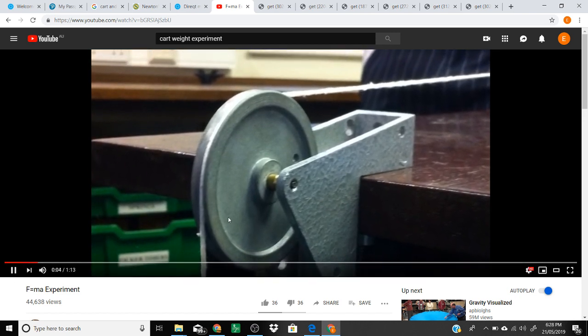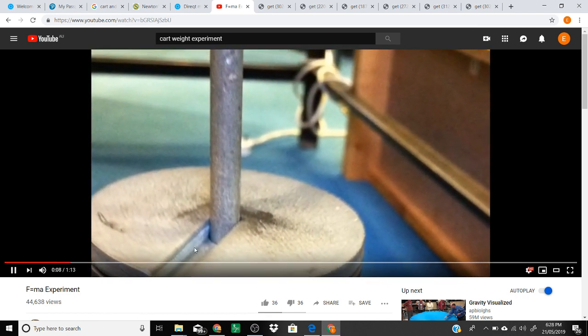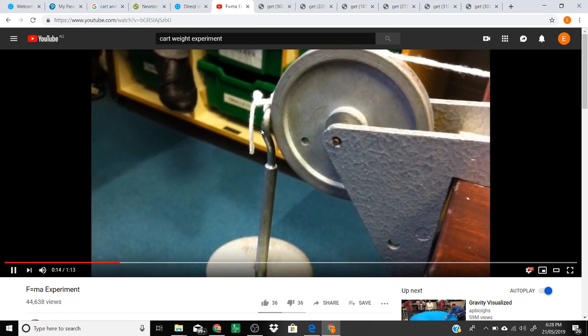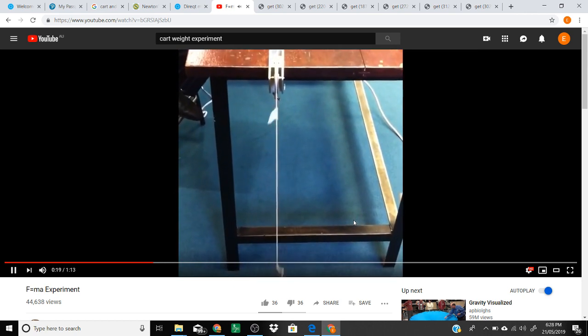There's your pulley at the edge of the table. Some slotted masses at the bottom. So it starts off hanging. That's vital force. 1, go. The weight falls.